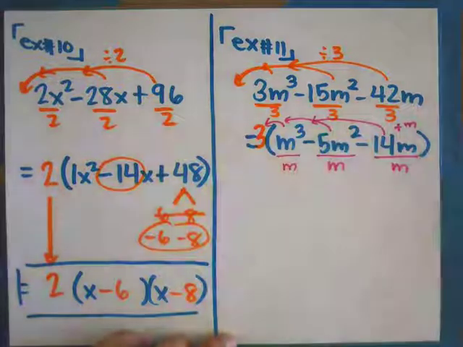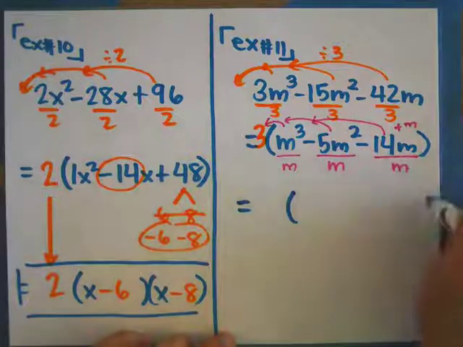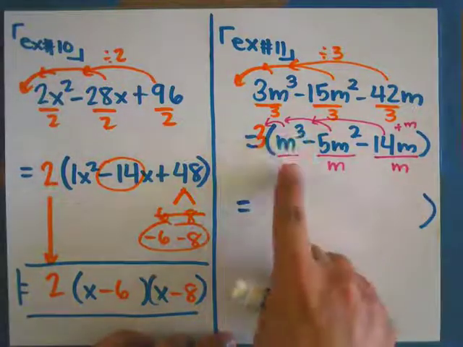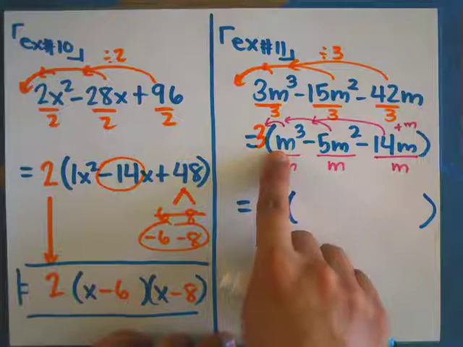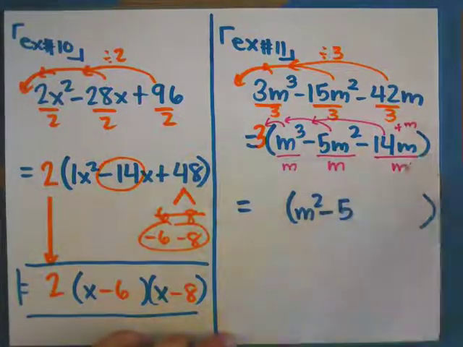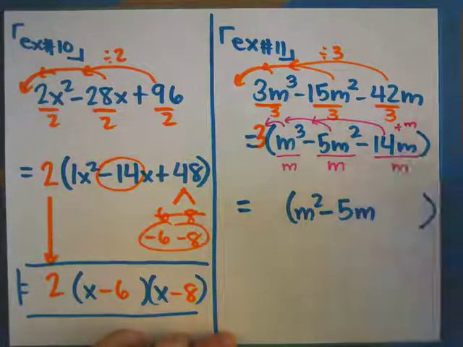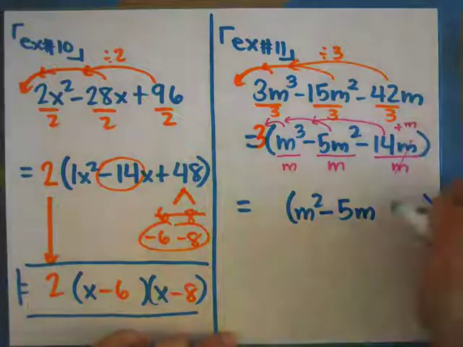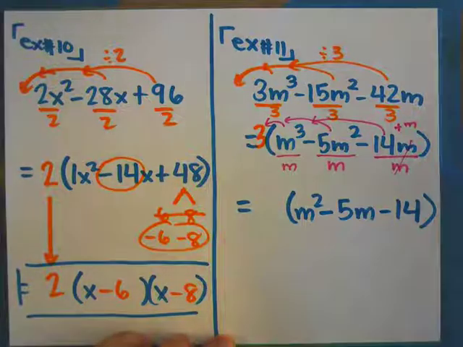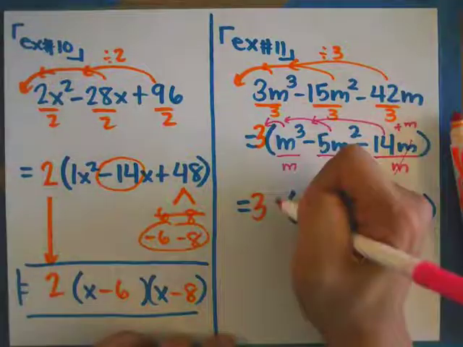You can at least extract out an m. If you extract out an m, how many leftovers do you have? You have 2 m's left over, so m squared, minus you have 1 m left over here, and then you got no m's over here, so now it's going to be minus 14. Just be careful though, on the outside it's going to be 3 and then the m.